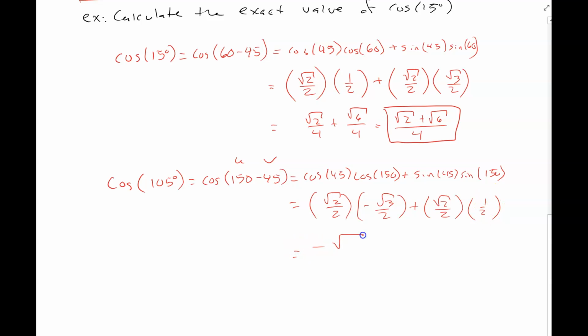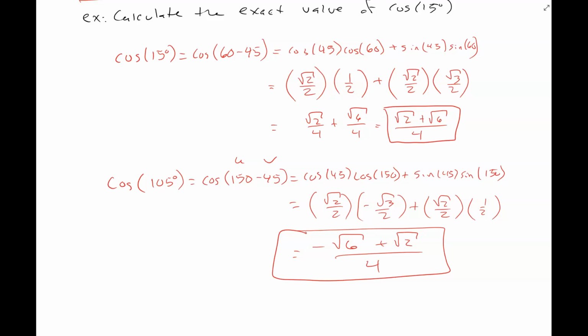And I get negative root 6 plus root 2 all over 4. Right? Not too bad, right? What's the hardest part? Probably just finding the two angles that subtract the correct way.